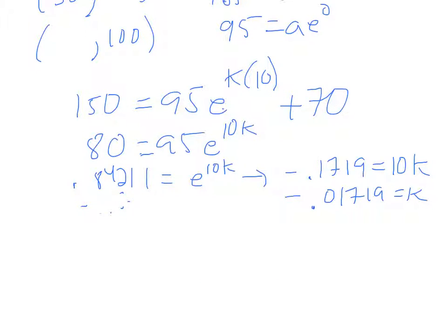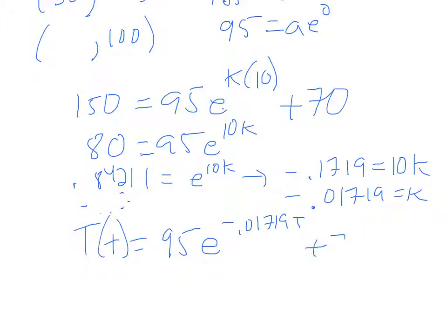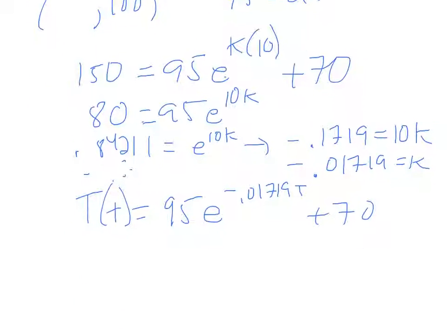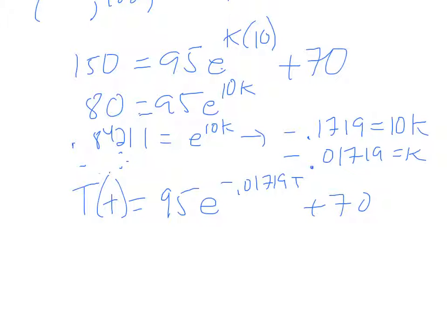So my equation is going to be the temperature based on the time equals 95 e to the negative 0.01719 t plus 70. To evaluate it, they want to know the temperature of the turkey 30 minutes later, so you're going to say what's T of 30.